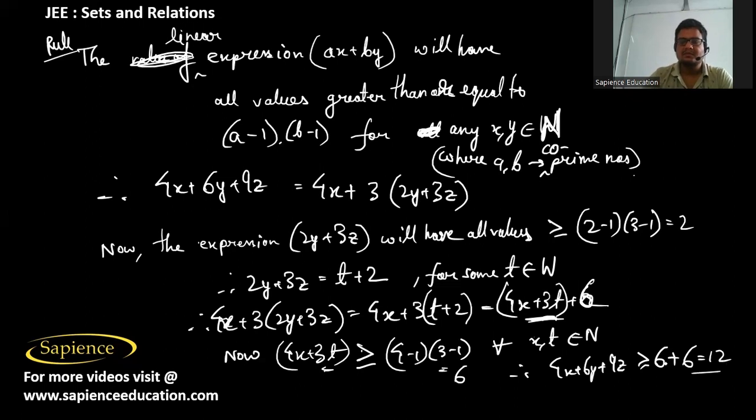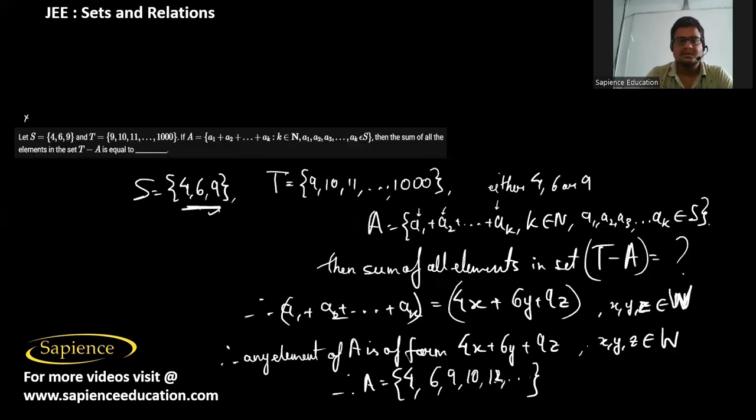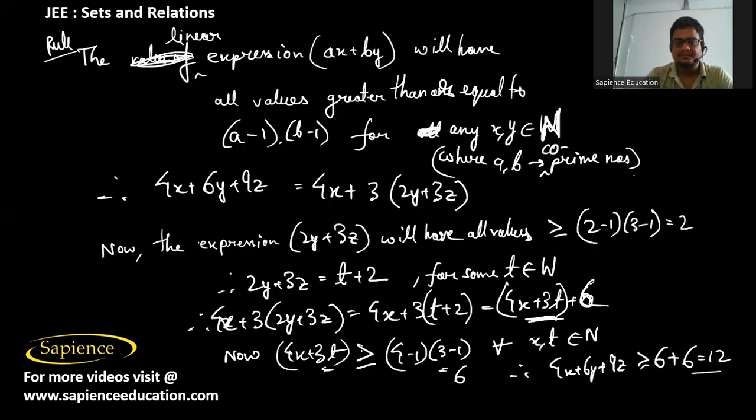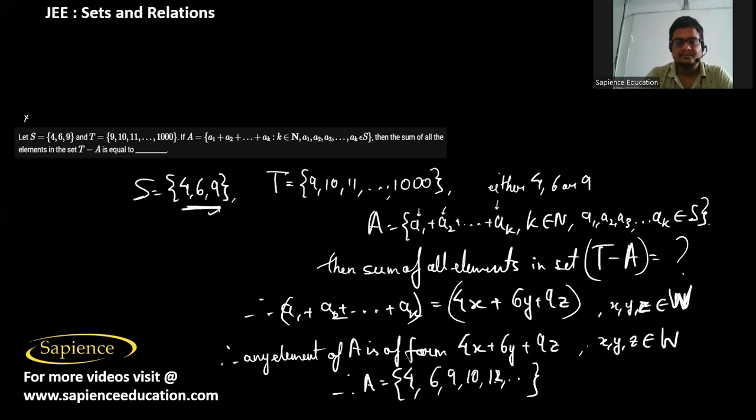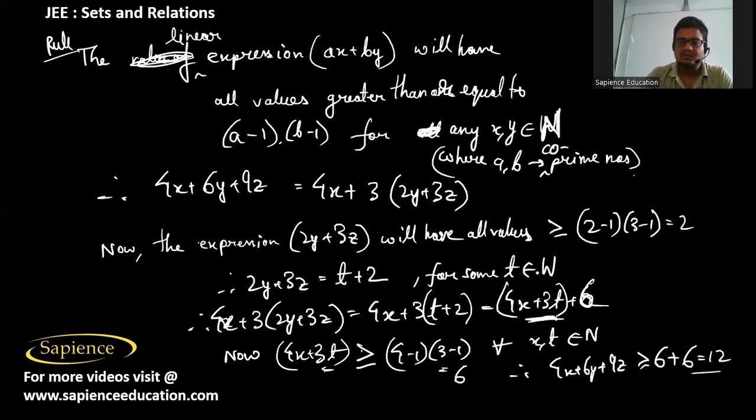So its value will be more than or equal to 12. So all values will contain more than or equal to 12 also.